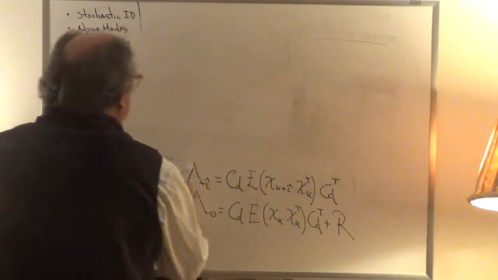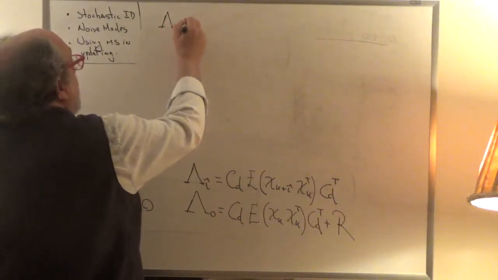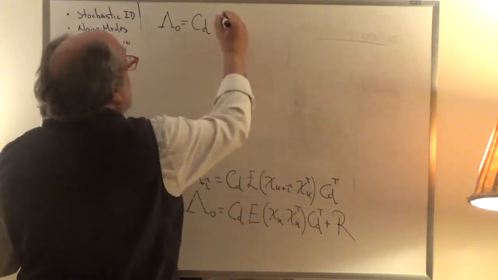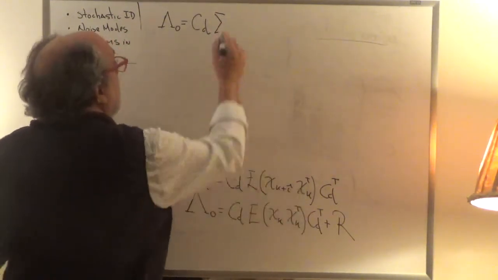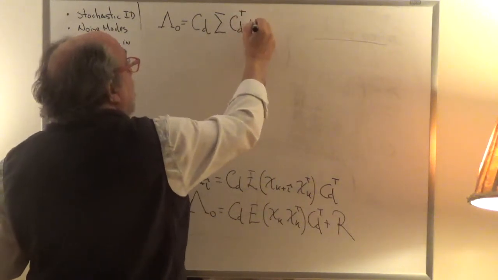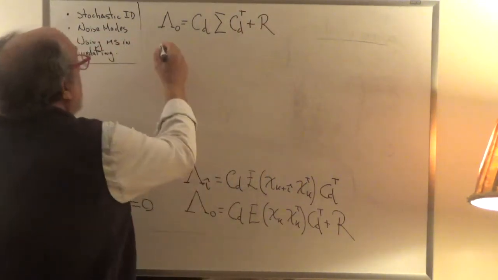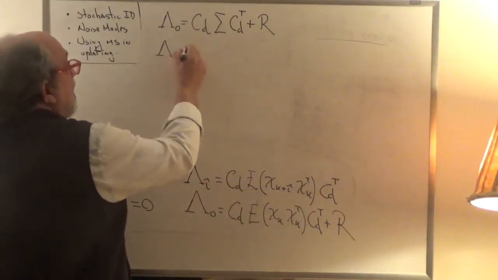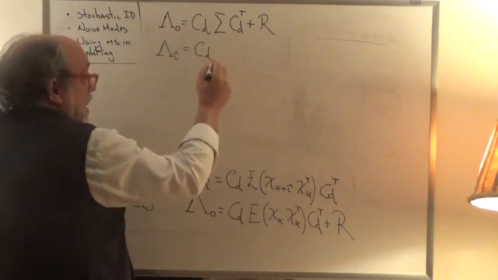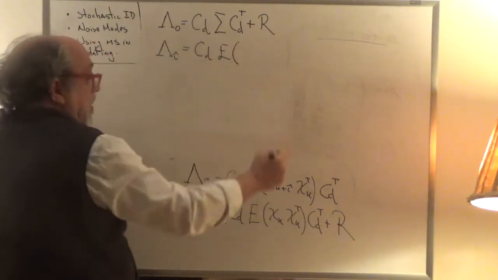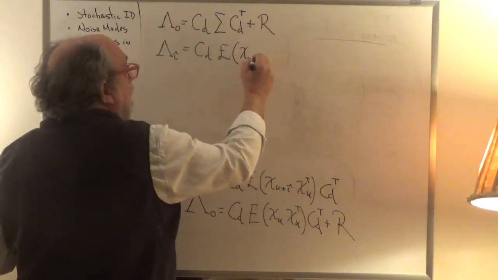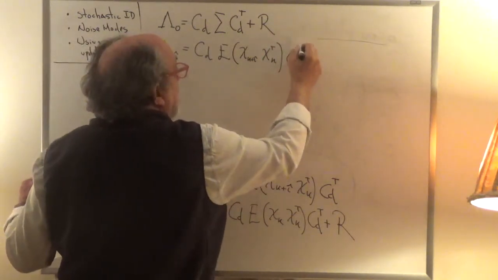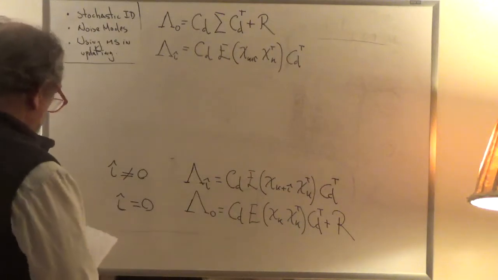And then I can translate up here and put this lambda 0 is equal to CD. Now the expected value of this is what we call sigma, and this is CD transpose plus R. So we get our first formula here, and then we get lambda capital I for a shift I to be CD times the expectation of the state shifted by I times the state transpose multiplied by CD transpose. Okay?